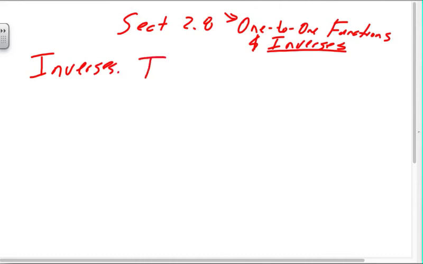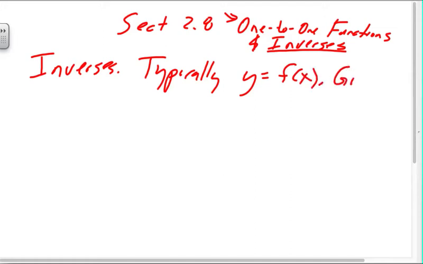So typically, you're given a function. Y is some function of x, and we're given an x, and we solve for y.